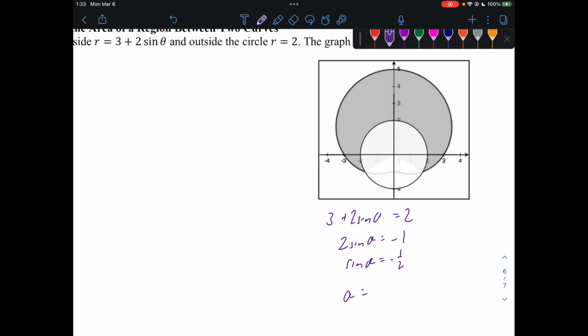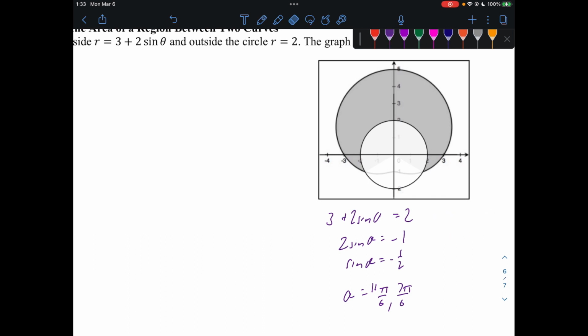That would be -pi/6, and I guess we could do 11pi/6 and 7pi/6. And if I set that equal to -2, we get that, which is not possible here, so we don't have to worry about that.